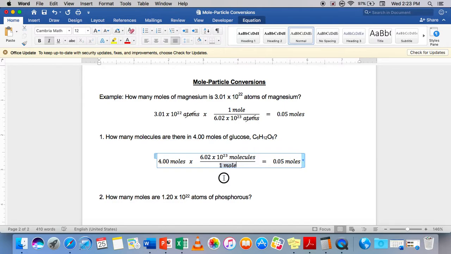Okay. Now I have to check, do my units cancel, and then do the math. Well, I have moles here and moles on the bottom, so those will cancel, and I'm left with molecules on top. And the question, remember, asked, how many molecules are there?